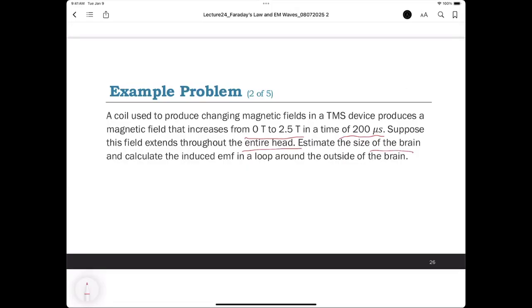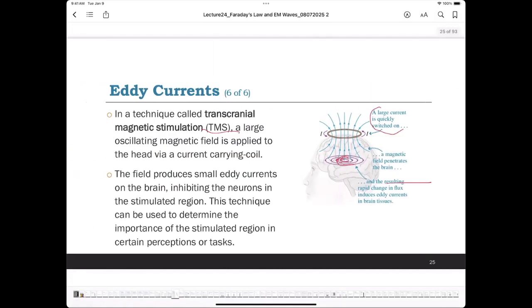Firstly, actually this one is not difficult, because we just need to calculate the induced EMF, and we use this equation, delta phi divided by delta t. Here the A usually is not changed.